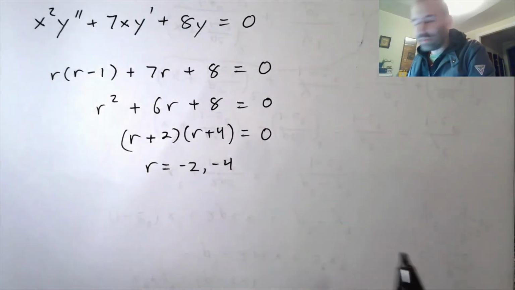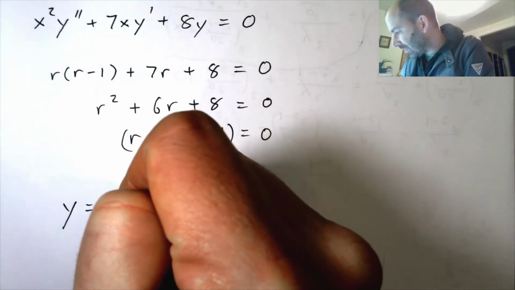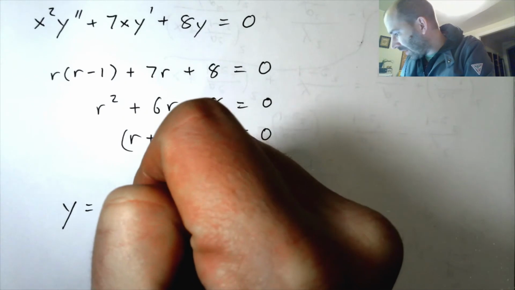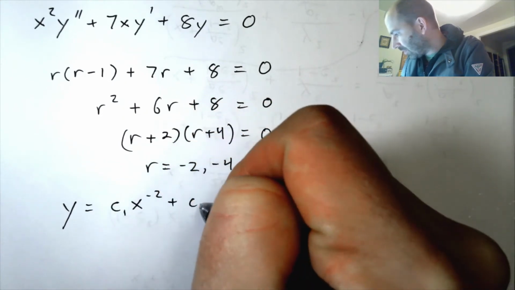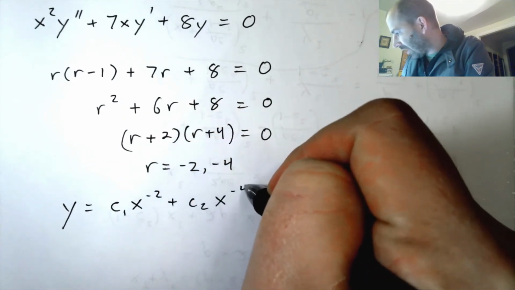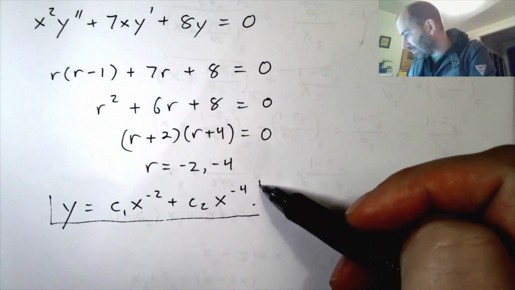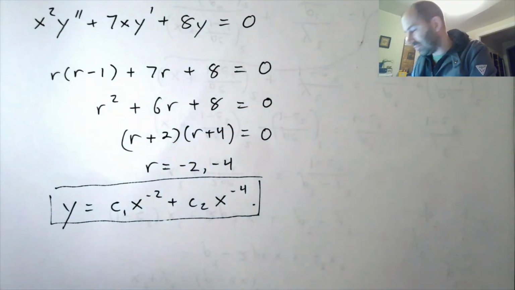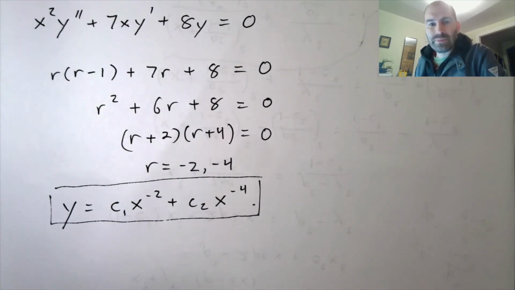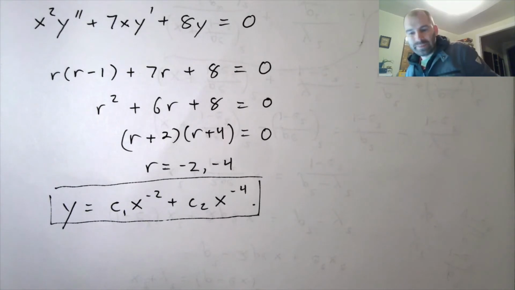So our solution is C1 x to the -2 plus C2 x to the -4. There we have it. And go ahead and check this out to verify that it does indeed work.